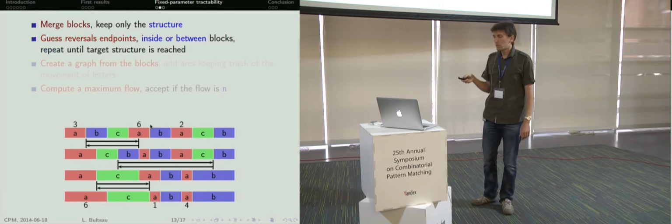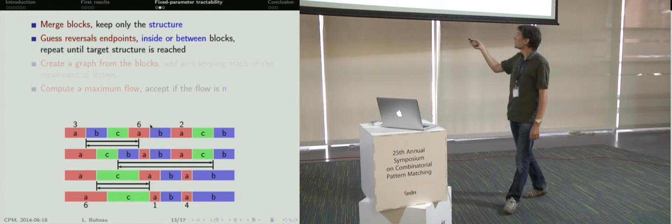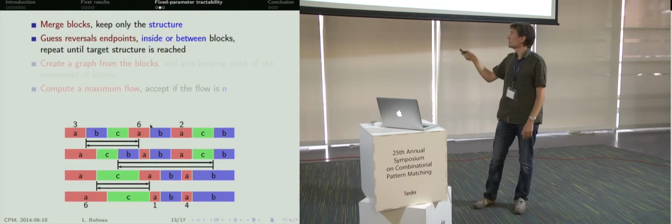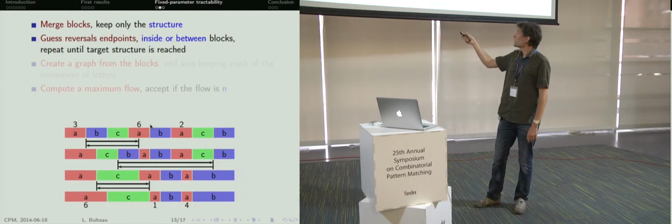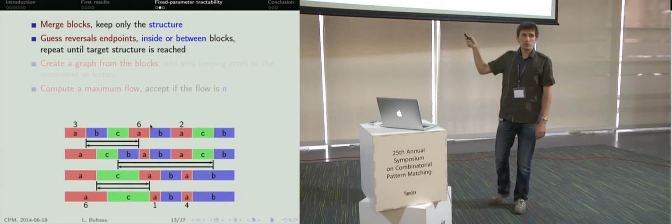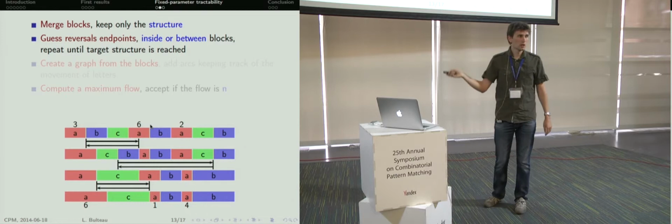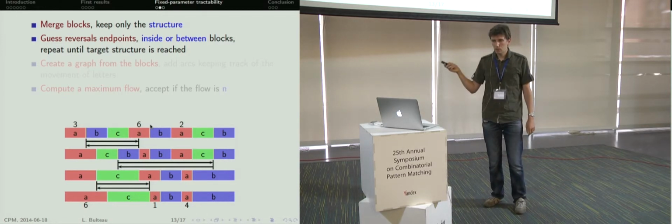And once we do that, we've got to keep track now of where the letters go. So if we've got 3 A's in this block, 6 A's in this block, 2 in this block, we want to make sure that they all go to the right position. We want 6 here, 1 here, 4 here. And this is done as follows.